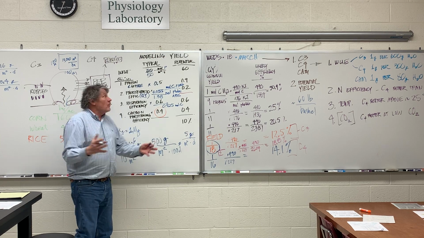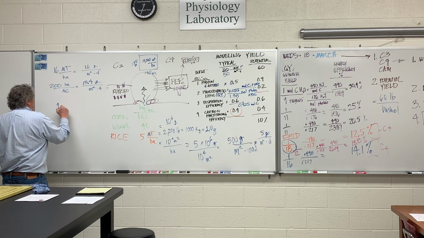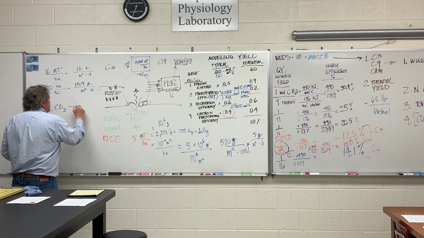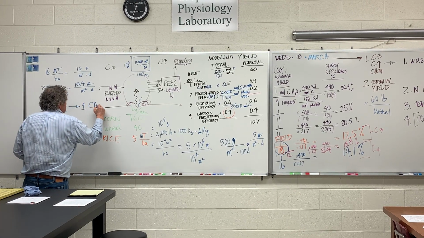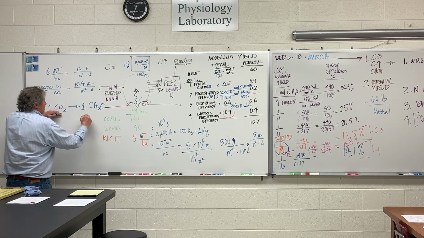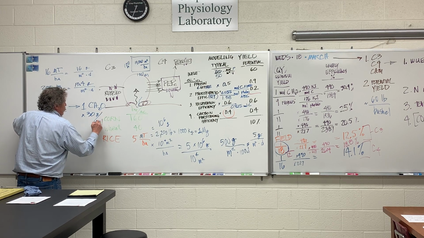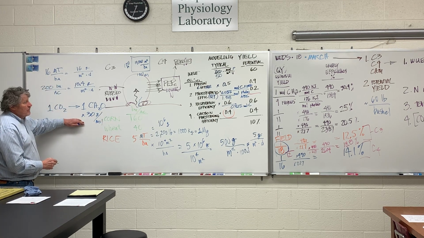How much? Where are we going to put this? 1 CO2 goes to 1 CH2O. Quantum yield is carbon fixed. This is 30 grams per mole. We've done this math before.